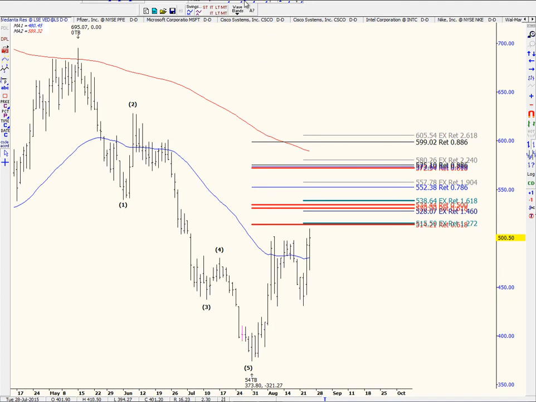In this case, I'm going to take my symmetry tool. We're going to measure from the low to the high, and then we're going to project that from the most recent swing low.